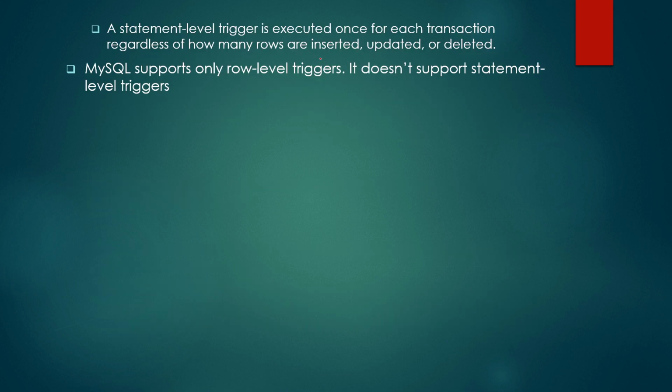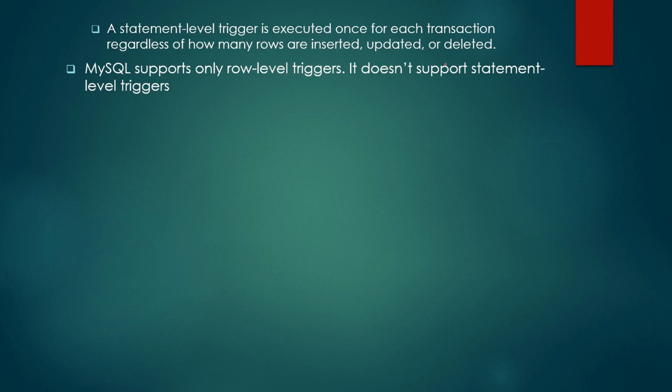But a statement level trigger is executed once for each transaction, regardless of how many rows are inserted, updated, or deleted. So let's say if I am firing any query that is affecting 100 rows, the statement level trigger will be executed only once. Okay, it executes once for each transaction.